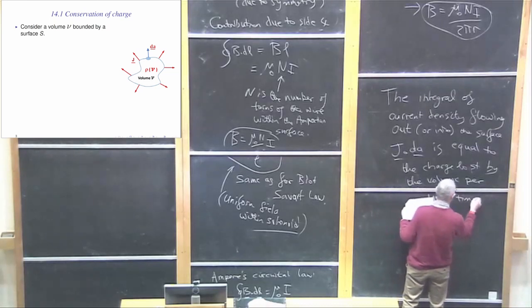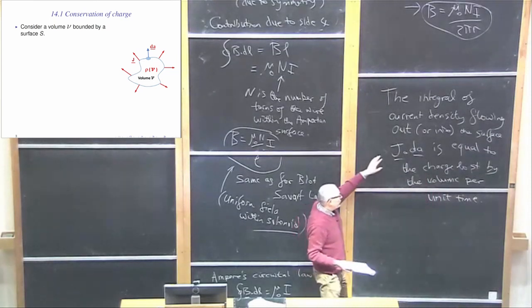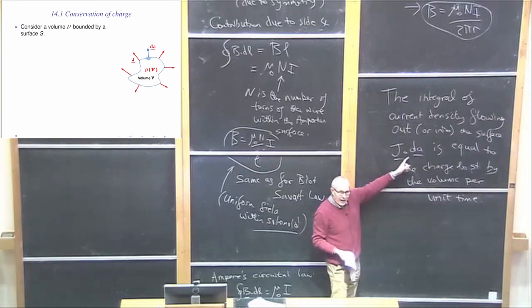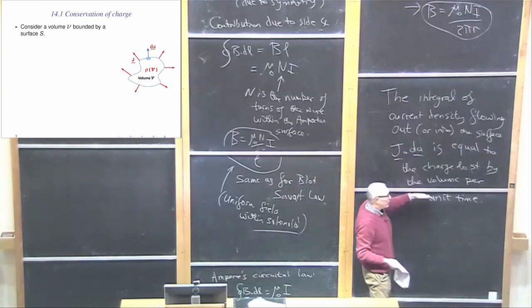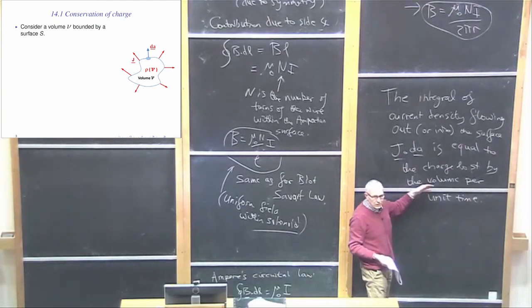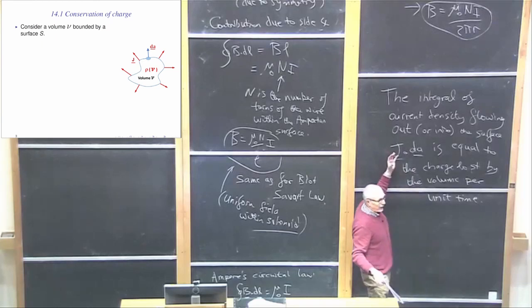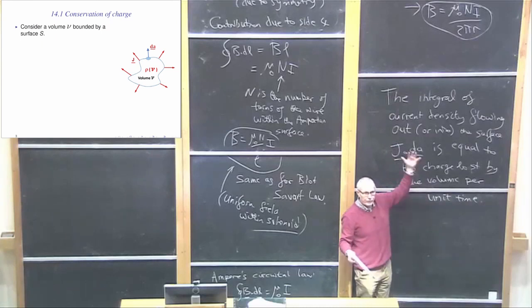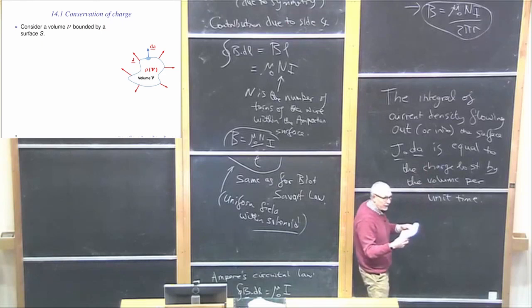Now, if you think of the definitions of all this stuff, it'll be obvious. J dot dA is the current through the area dA from the volume. Charge per unit time is current by definition, and so you're losing charge from the volume through the area, and because you're losing it, you pick up a minus sign.